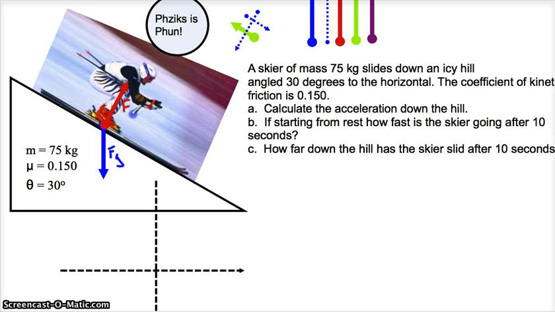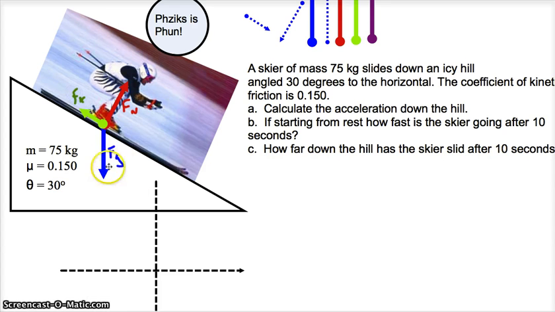This is our normal force. And since we're going to have some friction, they tell us the coefficient of kinetic friction between the skis and the hill is 0.150. We know that we're going to have force of kinetic friction, which would oppose the motion. So we can just go ahead and label that as we always do, force of kinetic friction.